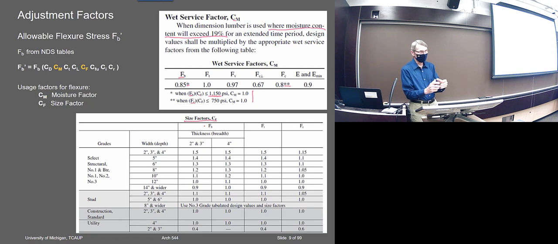So as you have more defects, maybe there's a greater chance that one will be in a critical spot. And so to account for that, as the volume gets larger, they lower the strength.